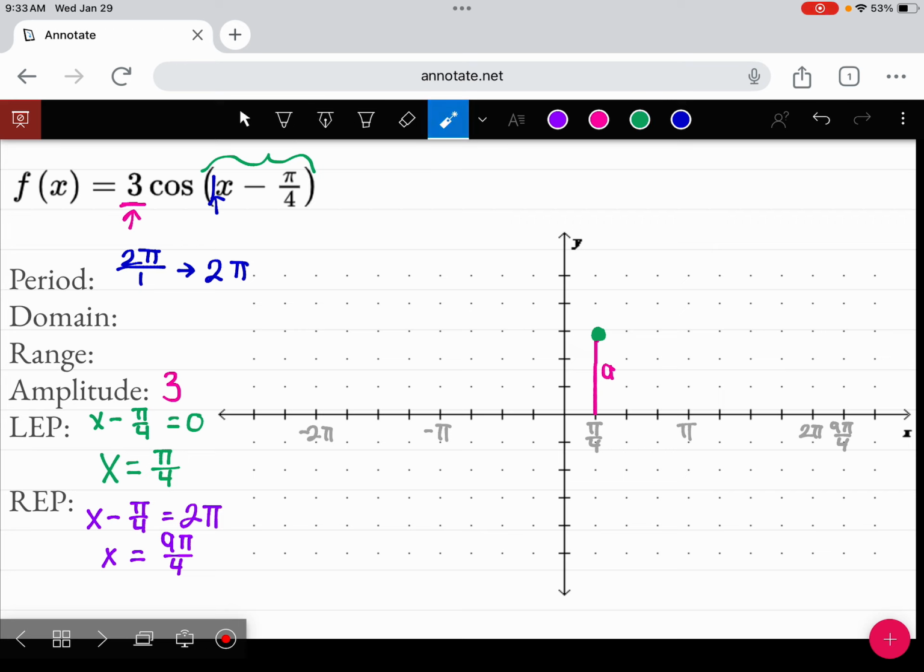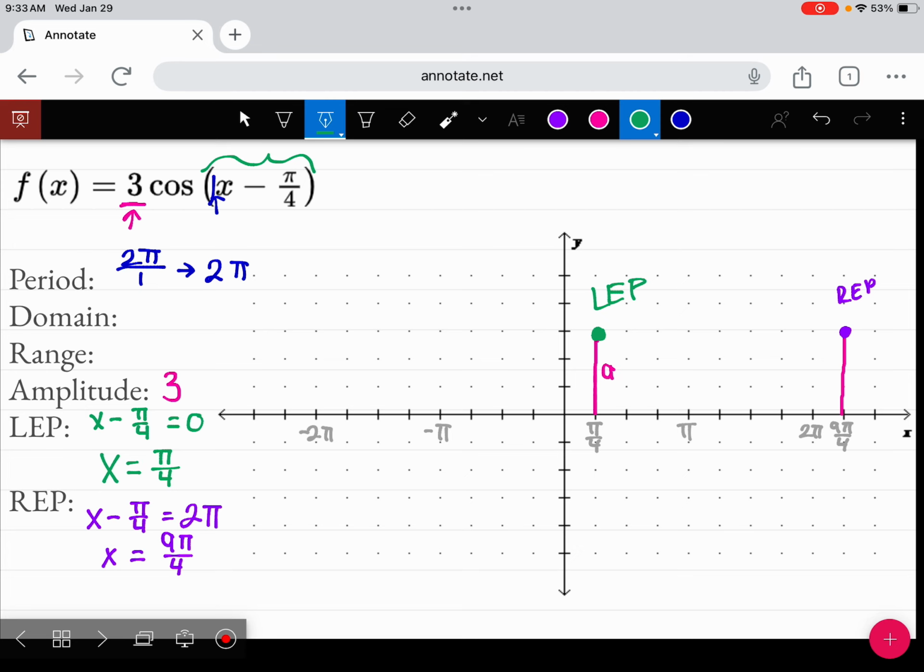Our right endpoint on cosine is always at that same height because we go all the way back around the circle to the start. So on our 9 pi over 4, we're at that same height. Here's our right endpoint, just so we're clear where I'm getting these pieces from. You don't have to label each of these pieces. I'm just doing it so we see where this is in case we go back and look at it later.